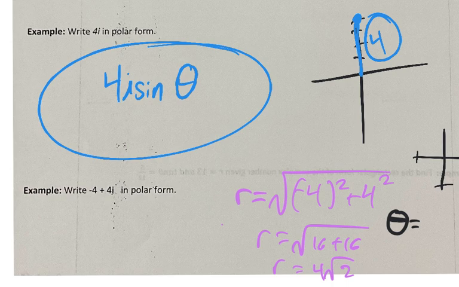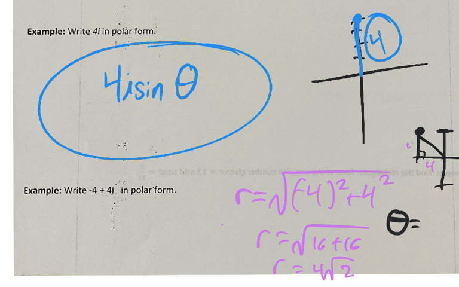What would be my reference angle? Negative 4, 4 would be above. Sorry, my apologies. Negative 4, 4 would be here. Right? Left and up. What's my reference angle?